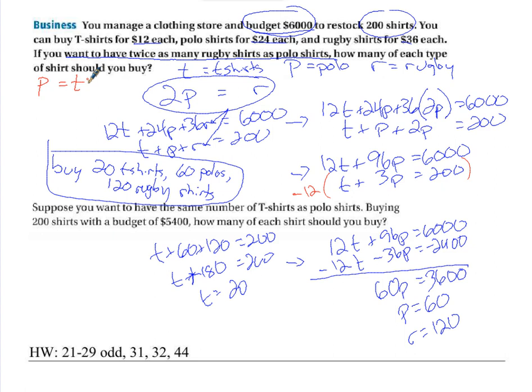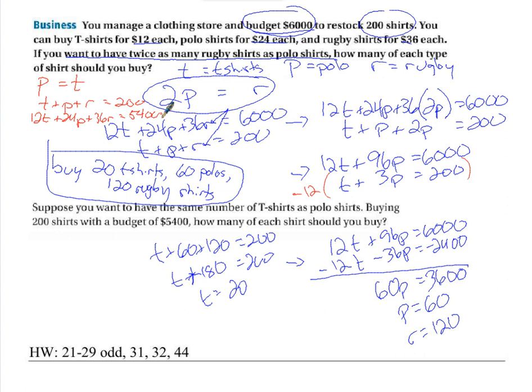So let's take care of 200 shirts. How do I write that? T plus P plus R equals 200. Same equation as before. And then finally, same prices. 12T plus 24P plus 36R. But now instead of 6,000, it's 5,400.